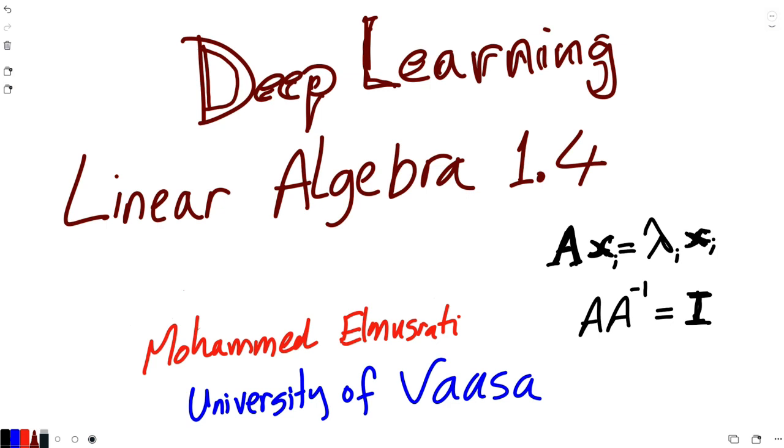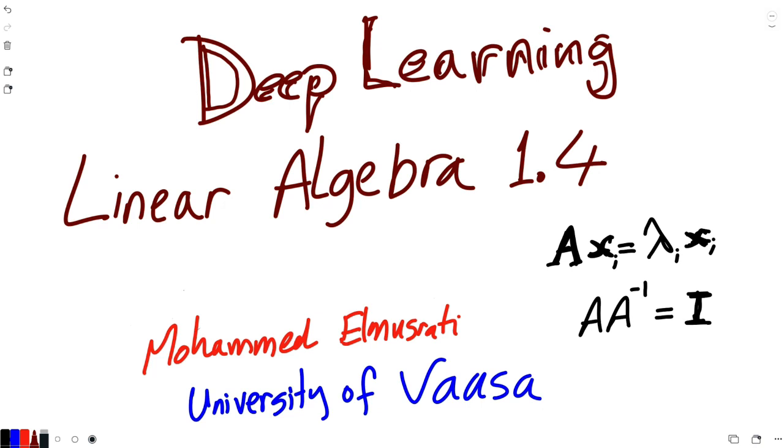The concept of eigenvectors and eigenvalue was given in session 3, in the last part of the previous session, where we introduced the concept of eigenvector and eigenvalue, and we said that the eigenvector is the direction of the base, or the basis, of the matrix A. So for any matrix A, we can find its eigenvectors as the basis of that matrix, because it will not change the direction.